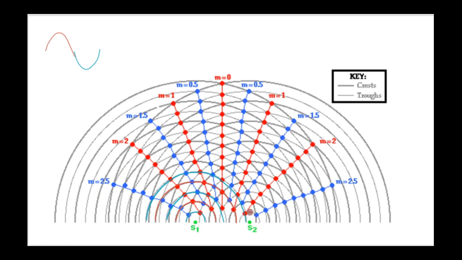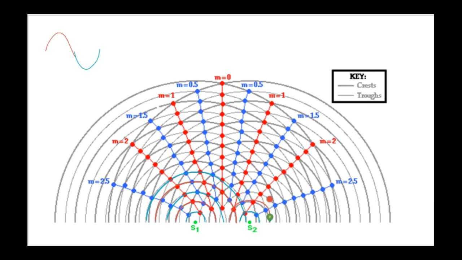Now similarly, consider the light which is coming from your slit S2. Now let us draw the crest and trough for your slit S2 as well. So first you have a trough, then you have the crest which I'll draw with the red pen.